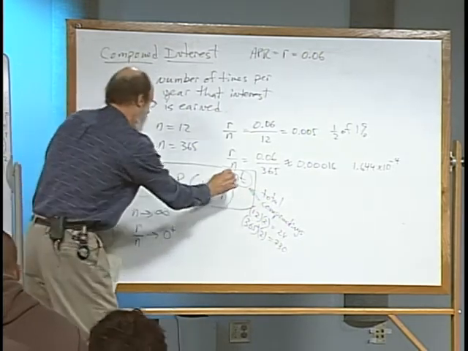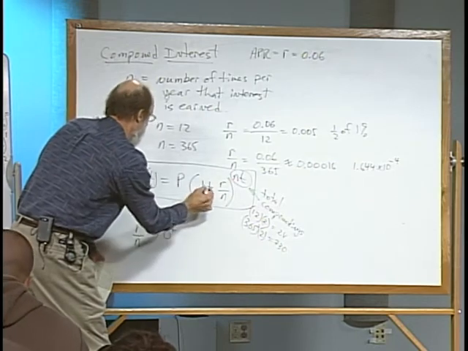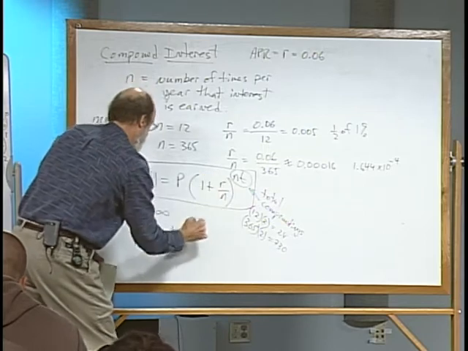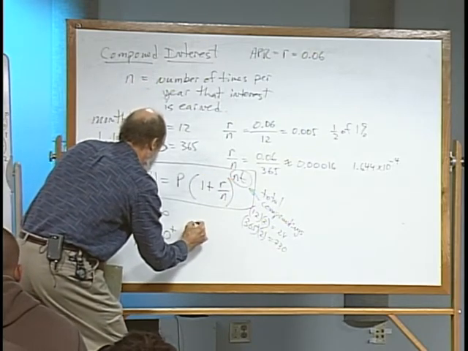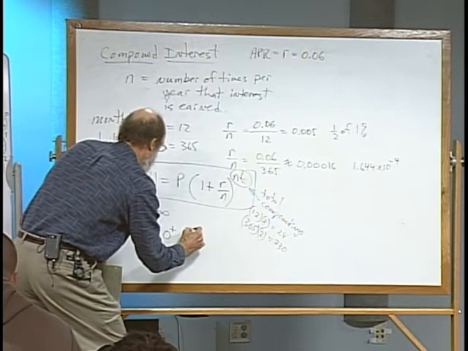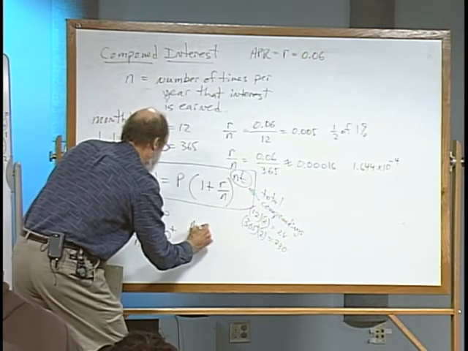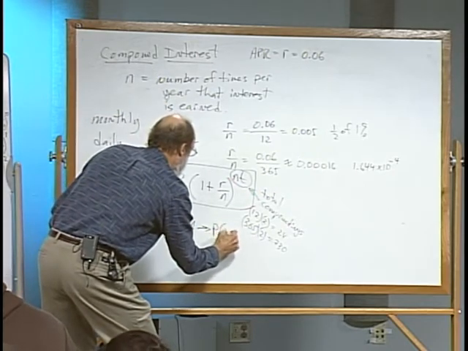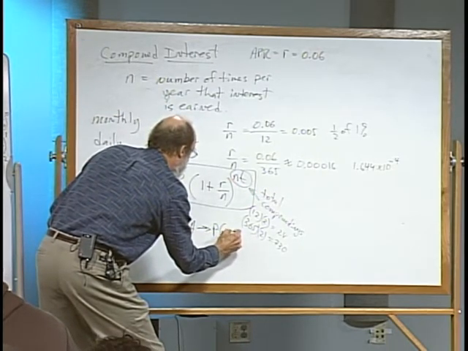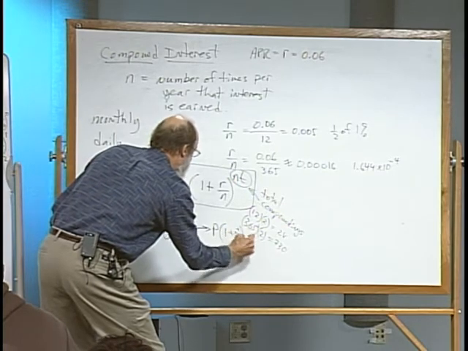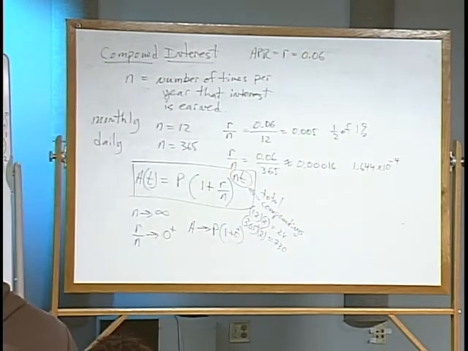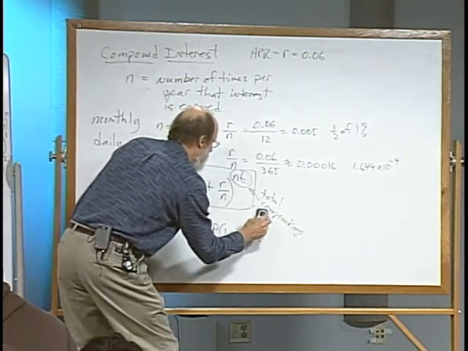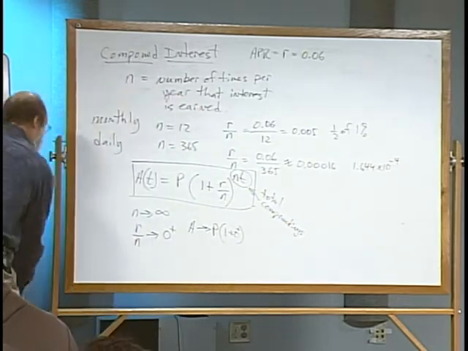And look at what happens to that exponent. So this model is turning into, look at what's happening now to A. A is then approaching the initial value times 1 plus a number very close to 0.